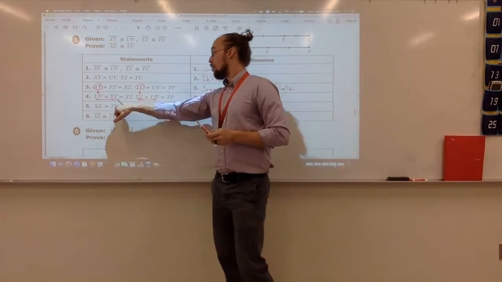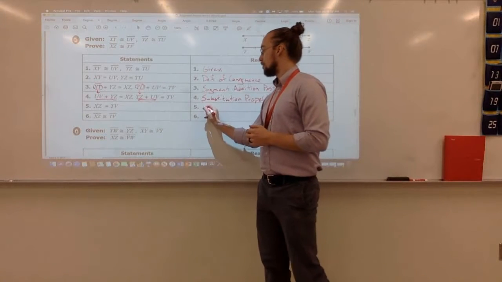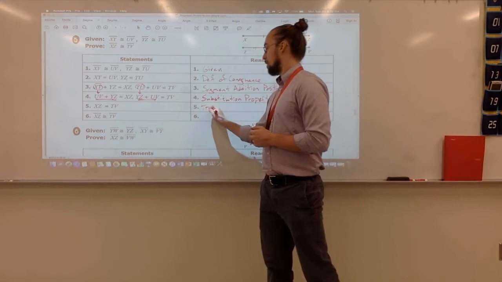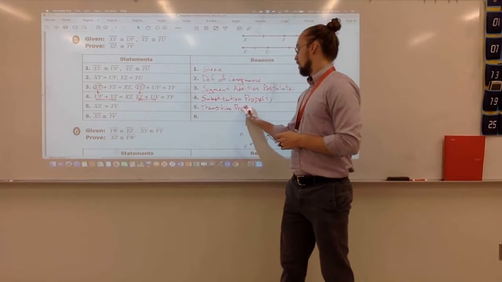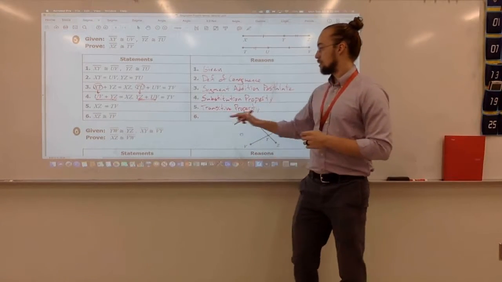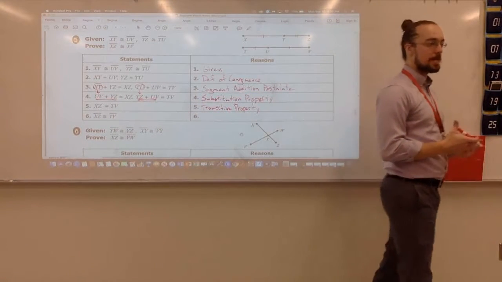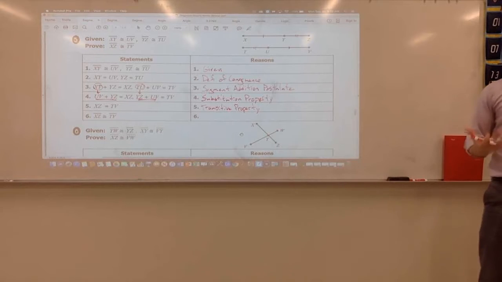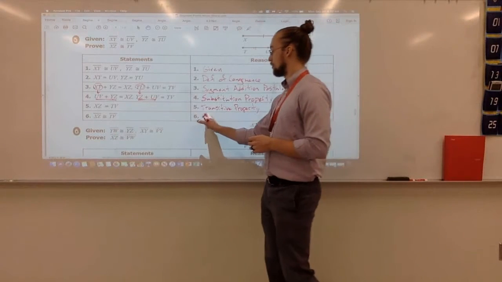If I'm saying that those 2 things are equal to the same thing, then they're equal to each other by the transitive property. And now, finally, if I know 2 lengths are equal, I can say those same segments are congruent by definition of congruence.